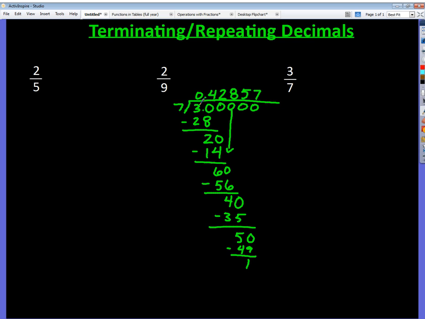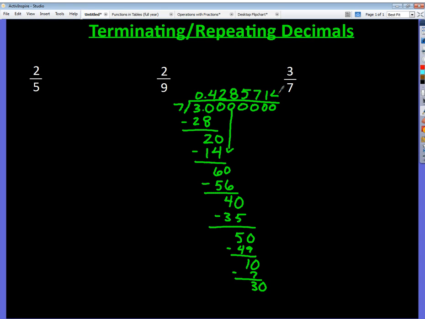Unless I'm mistaken, I still don't see a pattern, so then I have to drop another 0 down here. And now I take 7 into 10. 7 into 10 only goes once. I subtract, and I get a 3. Well, not a 0. I still don't have a pattern, so I'm going to drop another 0. 7 into 30.